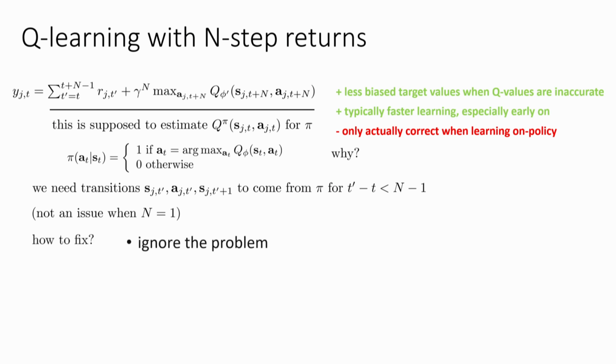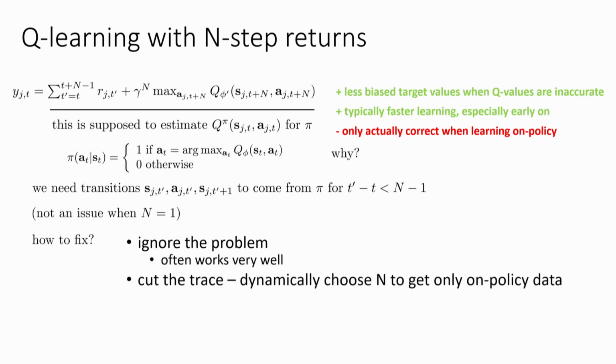How do you fix it? Well, you can ignore the problem. For small values of n, roughly n equals 4, ignoring the problem tends to work pretty well. You can cut the trace, which means that you can adaptively select n.